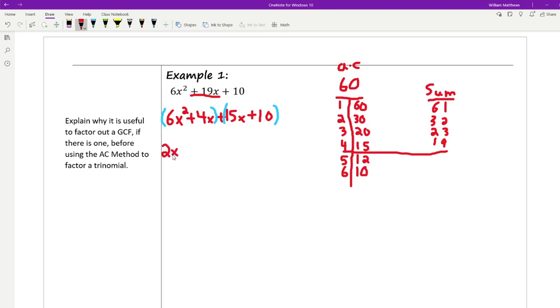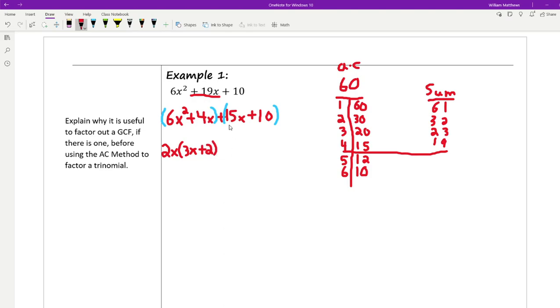So they have a GCF of 2x, and if I factor this out, this leaves me a 3x and a positive 2. 6x squared divided by 2x leaves 3x, and then 4x divided by 2x gives me the 2.